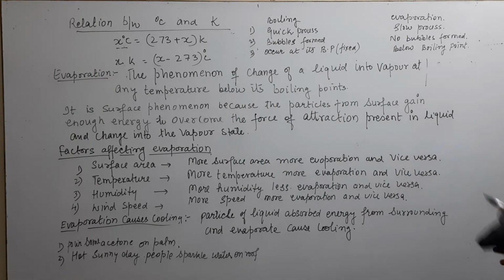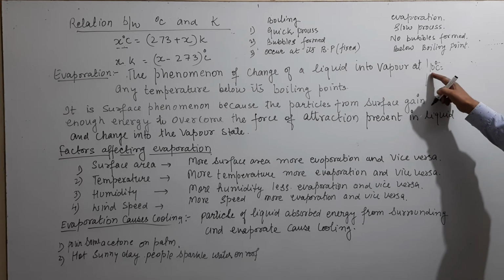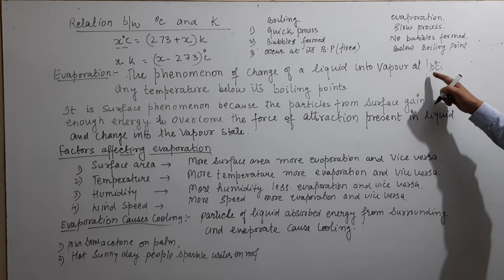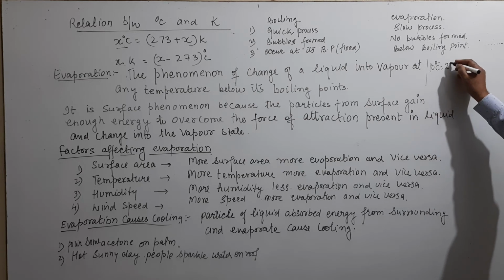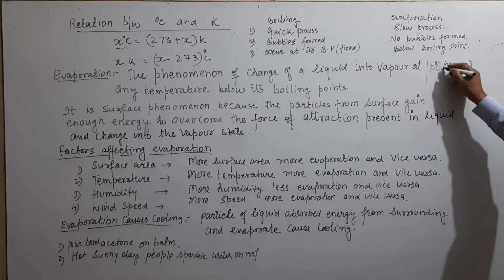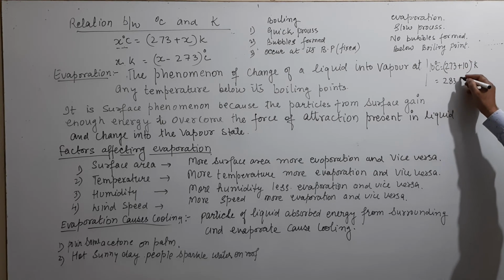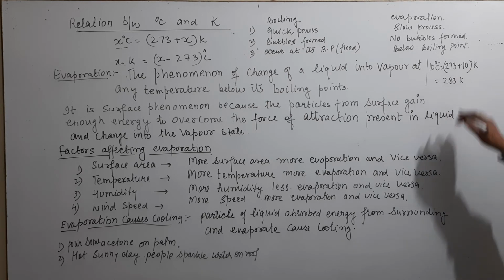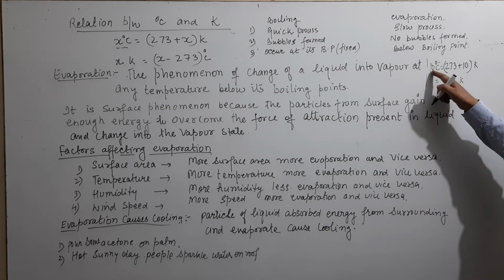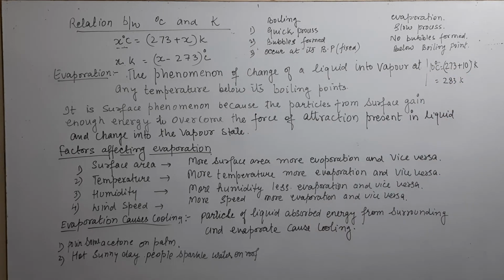For example, if we are given another example, 10 degrees Celsius, then what do I have to do to change into Kelvin? 273 plus 10 Kelvin is equal to 283 Kelvin. Means add 273 to 10.